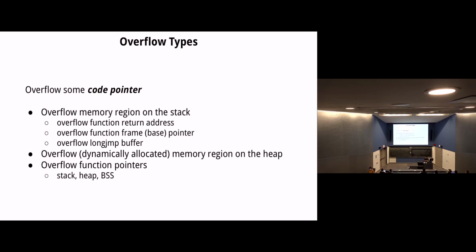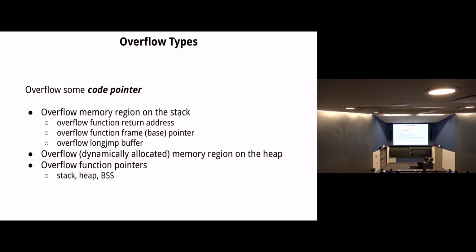So far we have been doing 2 different attacks. One is we overflow a specific code pointer, which is a function return address on the stack. Last week we said that you can also override the frame pointer. You do not necessarily need to override the return address directly.